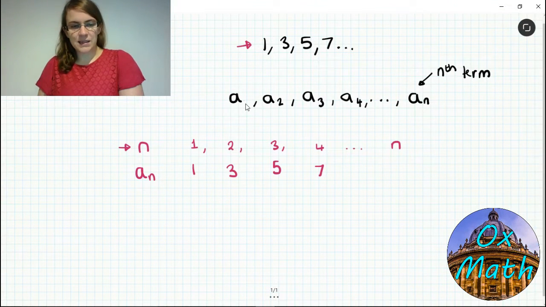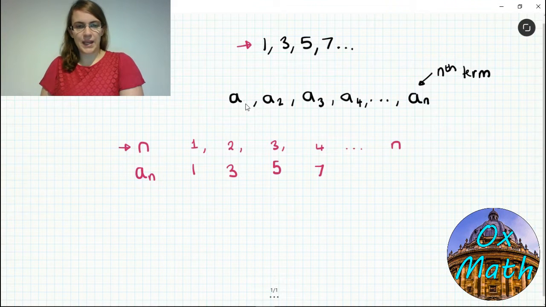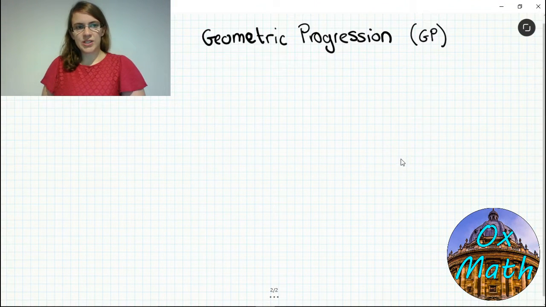So N is the position that the term is in, and AN is the actual value of that term. So it's just important that you really understand the difference between N and the nth term. So for example, in this case, when N is 3, we can say A3, the third term, is equal to 5.